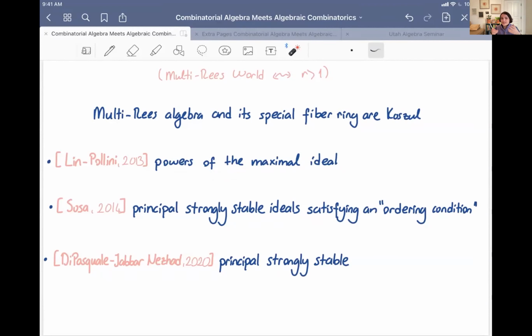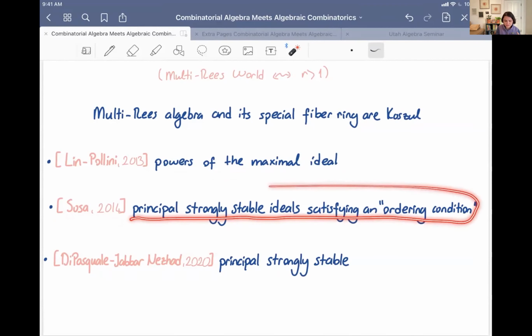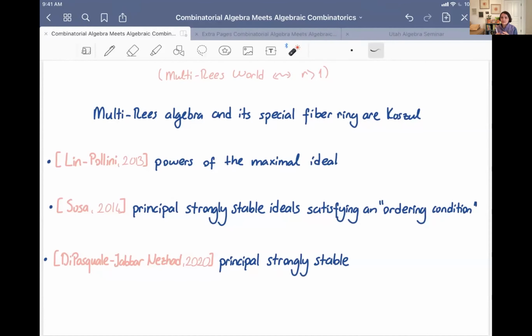This is like a subclass of principal strongly stable ideals. So it doesn't cover the whole principal strongly stable case. And then in 2014, Sosa extended their results to these principal strongly stable ideals satisfying some ordering condition, but it was still not the whole principal strongly stable collection.